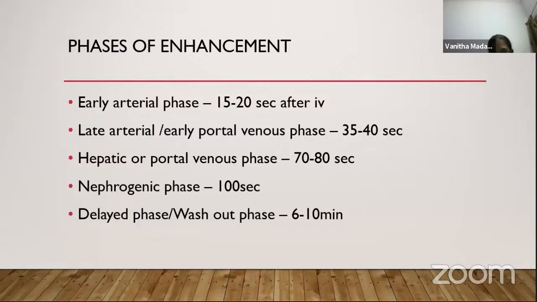The nephrogenic phase comprises the phase where the entire genitourinary system, like kidneys and urinary system, will be enhanced with contrast, and small renal cell carcinomas can be appreciated accurately. The delayed phase, otherwise called the washout or equilibrium phase, is where most of the contrast will have been eliminated from most structures, except the urinary collecting tubules and kidneys, and except from fibrotic structures.